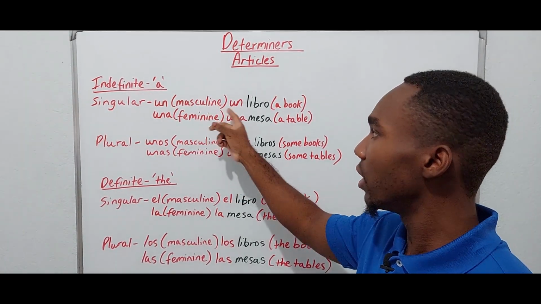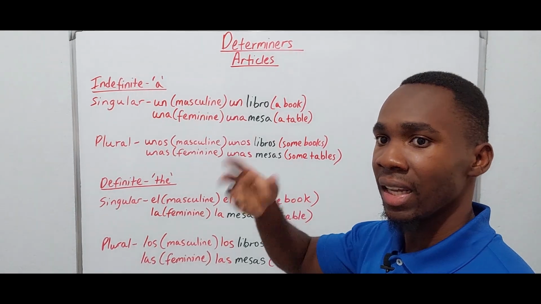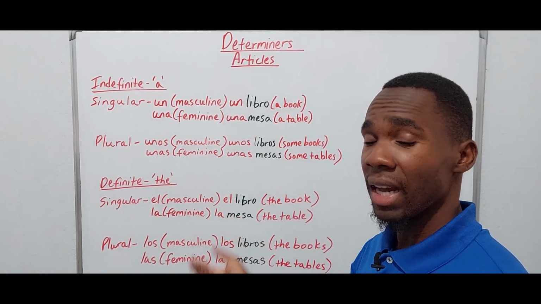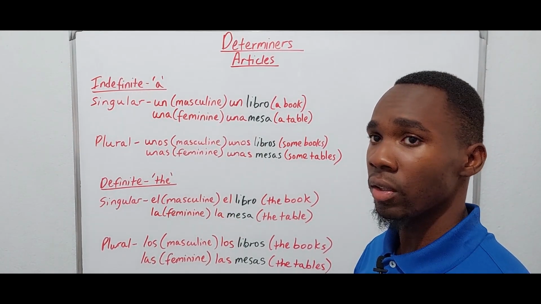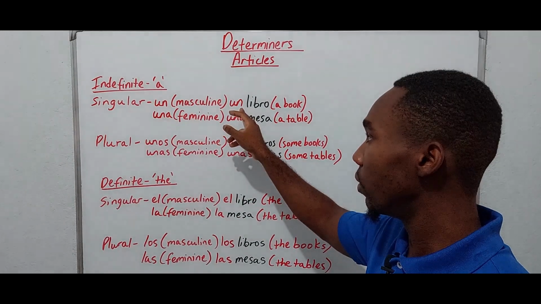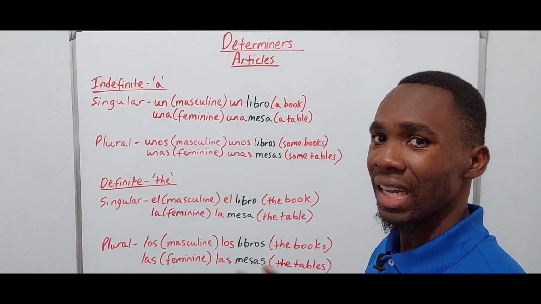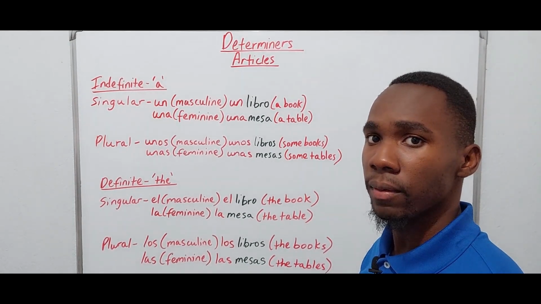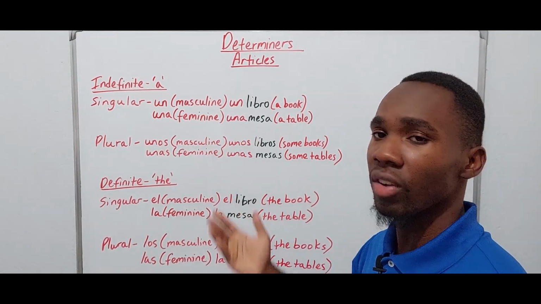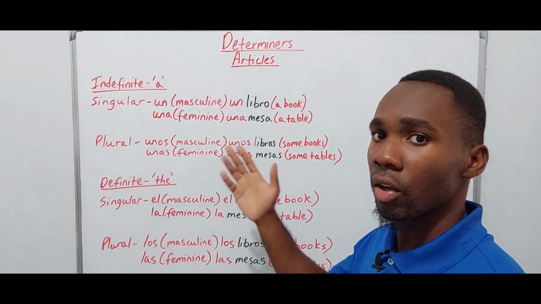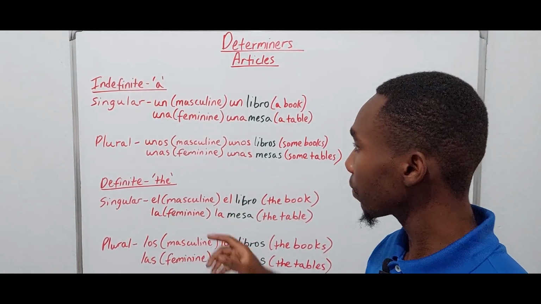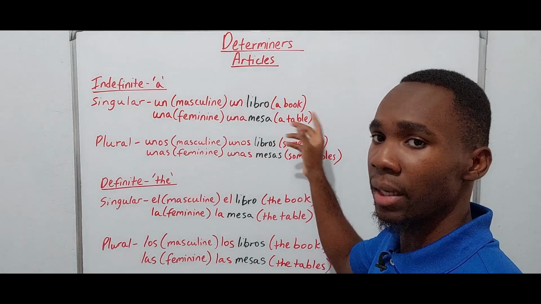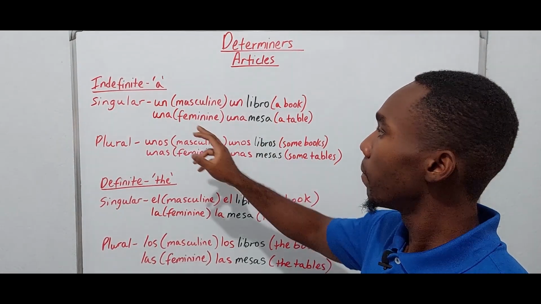So for masculine nouns, if we want to say a and the noun is masculine and singular, we would use un. So un libro, a book. Okay? We could also say one book, right? So this could also translate as one. Un libro, a book. Okay?